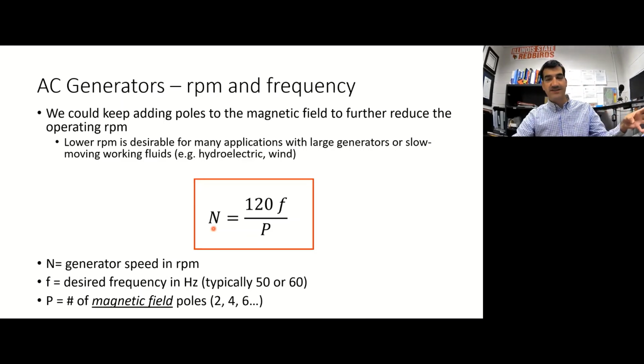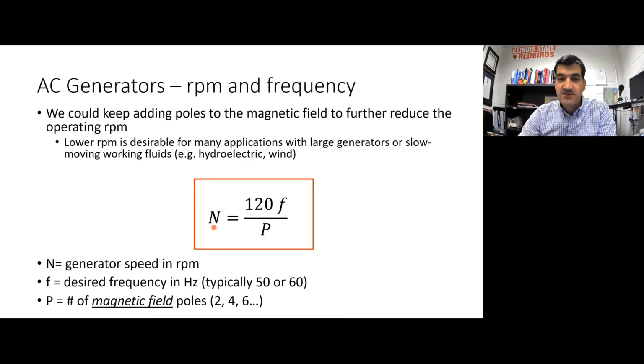Remember, in Faraday's law, n meant something different. It meant the number of turns in the coil. But in this equation, n means the generator speed of the rotor of the generator in revolutions per minute, RPM. All right, so I apologize. I didn't create these equations. This is just the way it turned out. This is the way they're written.